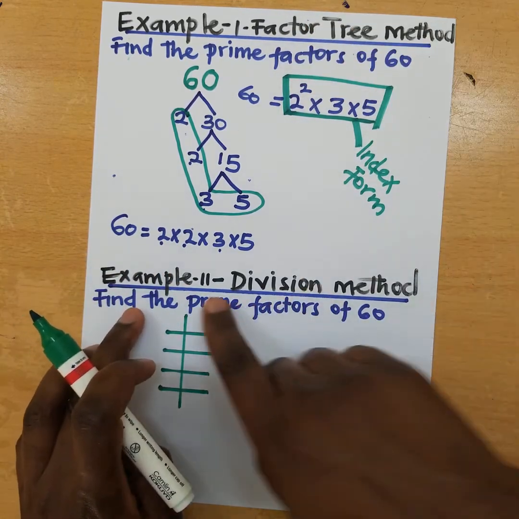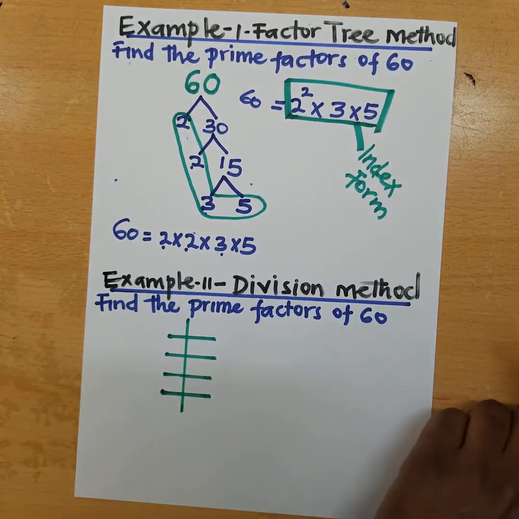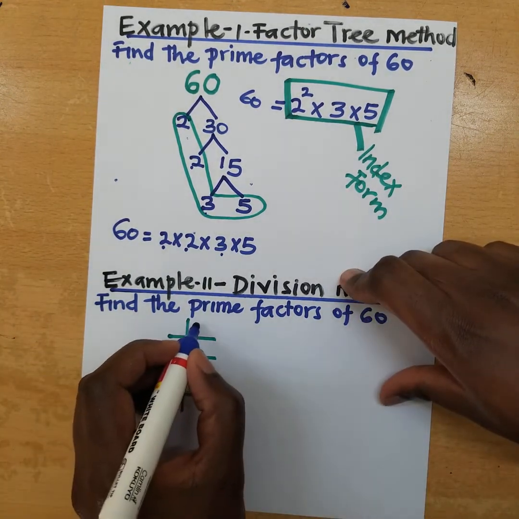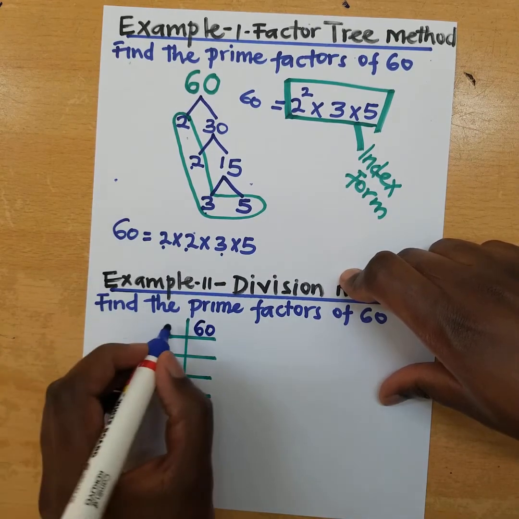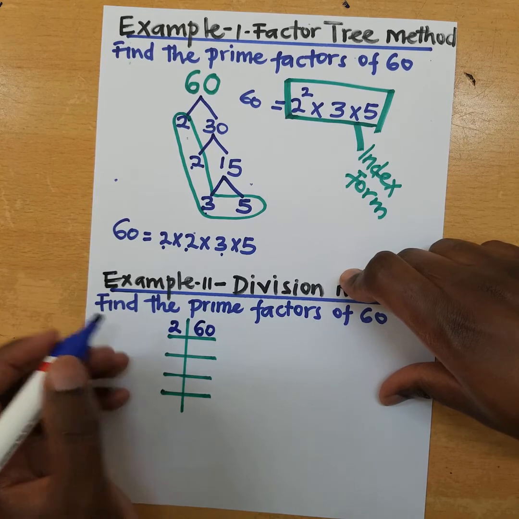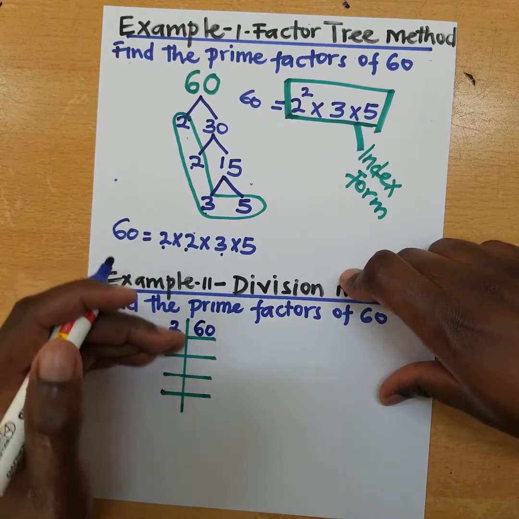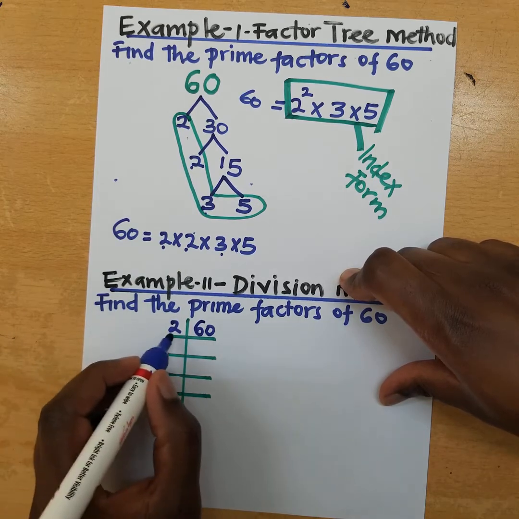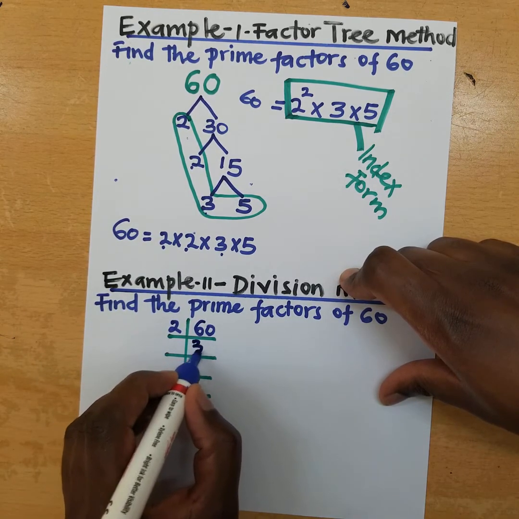Let's look at the division method. The division method is the same. We are dividing using prime numbers. So I'll start with the first prime number, which is 2. It's not always that you will start with the first prime number, but it's better to start with the first as you go down. So if I divide 60 by 2, I'll get 30.